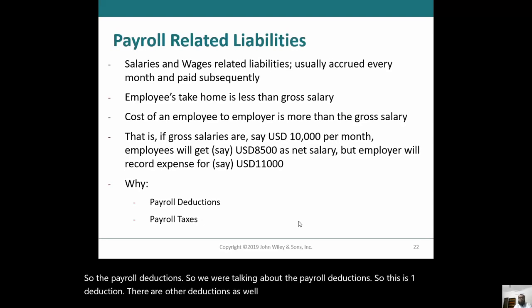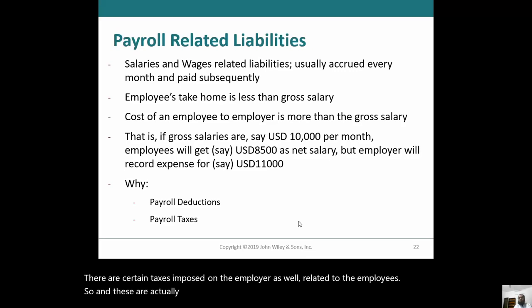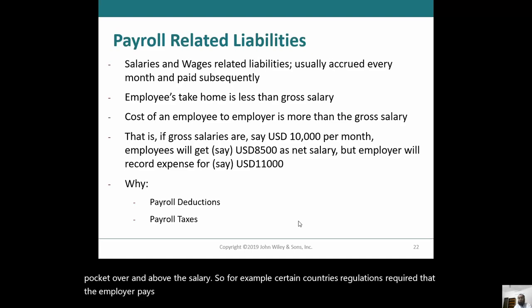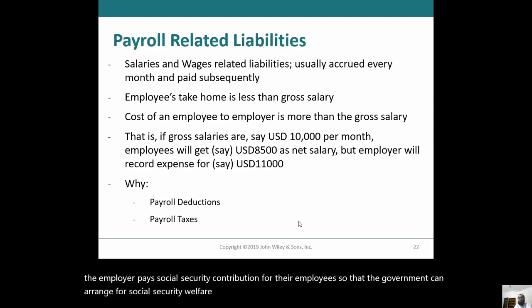Similarly, there are certain taxes imposed on the employer as well, related to the employees. These are taxes which the employer pays on behalf of employees from its own pocket over and above the salary. For example, certain countries' regulations require that the employer pays social security contribution for their employees, so that the government can arrange social security welfare activities for the employee.